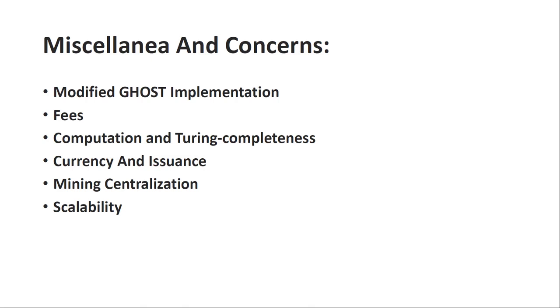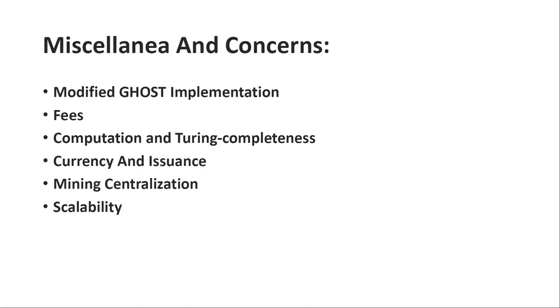The second problem is fees. If you publish a transaction on the blockchain, the whole network has to download and verify it. Because someone could do this to attack the network, we need to regulate it, and Bitcoin solved this by giving fees to the miners.